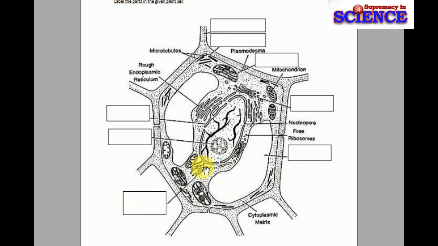Always remember something connected to the nuclear envelope should have a certain arrangement of ribosomes. You can see the arrangement of ribosomes here, but you can't see ribosomes in this. Therefore, this is the smooth one. So the rough endoplasmic reticulum is here. This one contains no ribosomes, so it is the smooth endoplasmic reticulum.